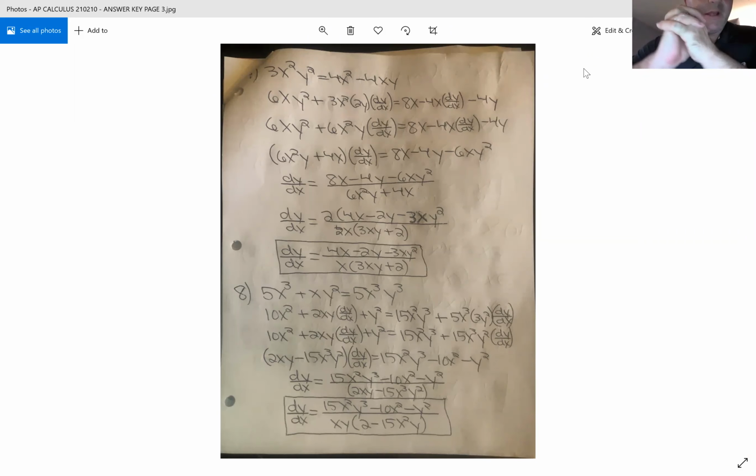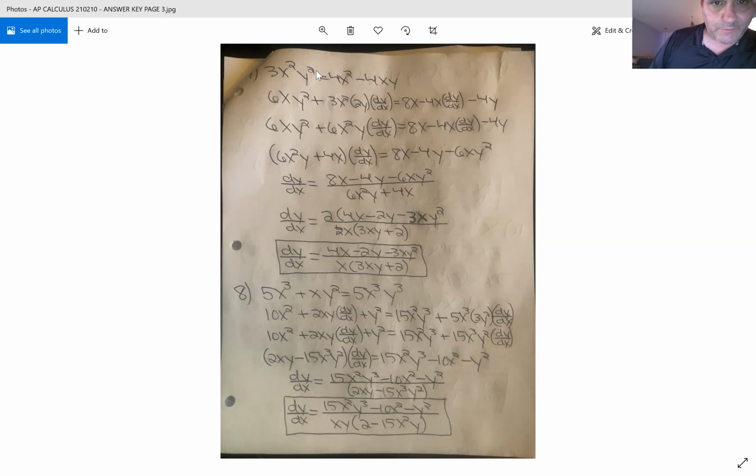Okay, so for 7 and 8, here's kind of what we go through. There's a lot of product rules here. In 7, you can see the work. I break 3x squared y squared up into 6xy squared.